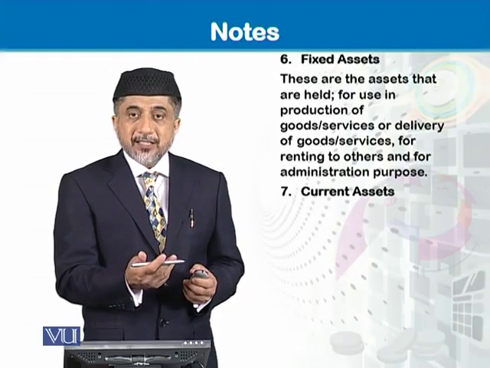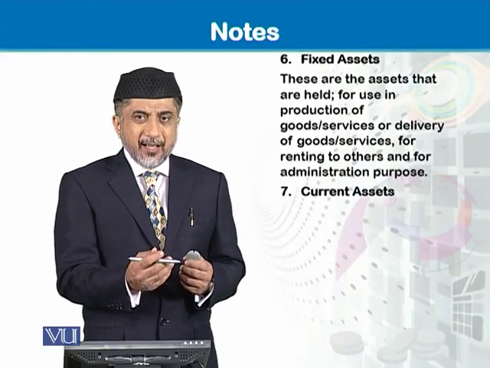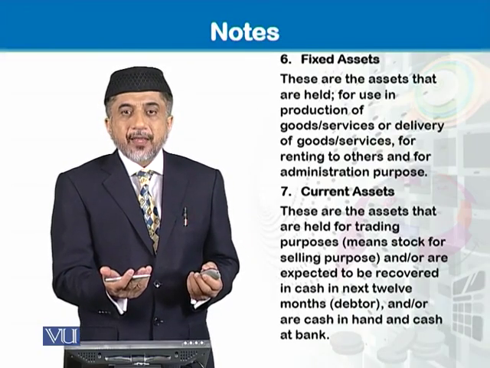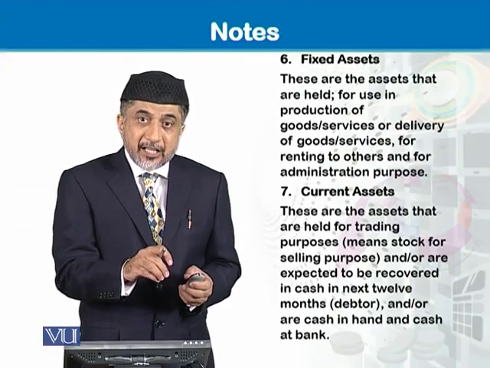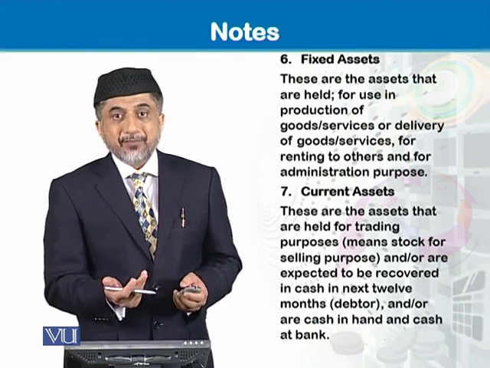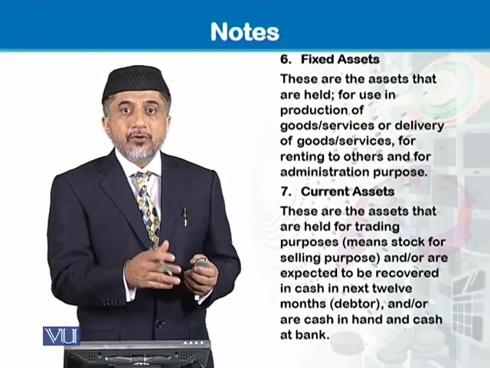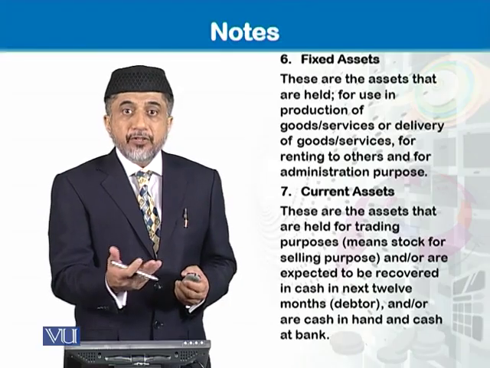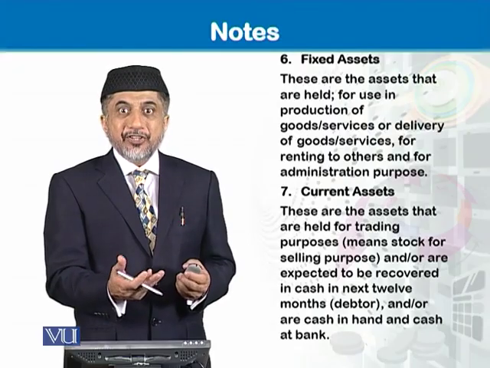And current assets are the assets which are short term. These are held for trading, like stock is your current asset, because it will be sold. If it remained unsold this year, it will be sold next year. It is for a very short term: machinery will be held for 10 years, supposedly, and building for 50 years, but stock will not be held for 50 years.